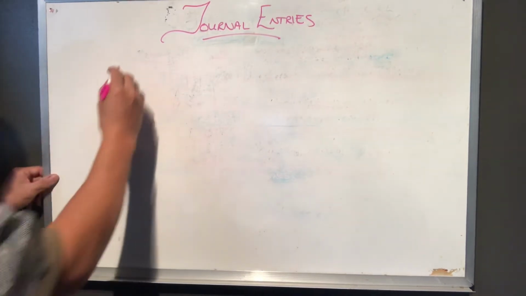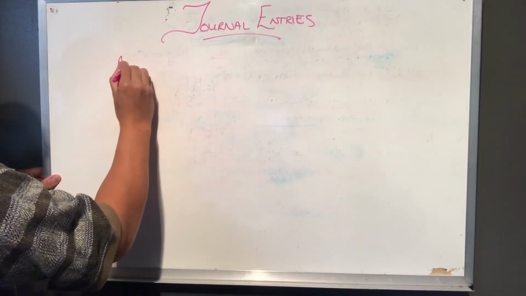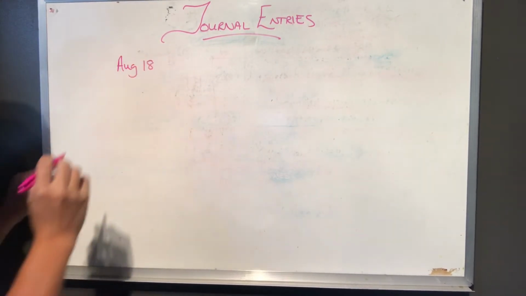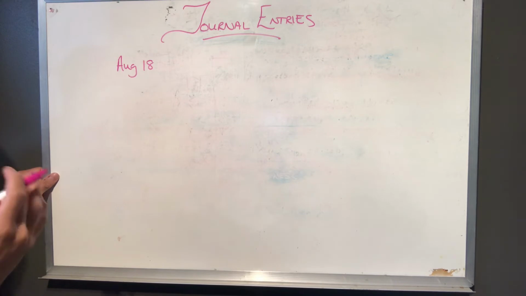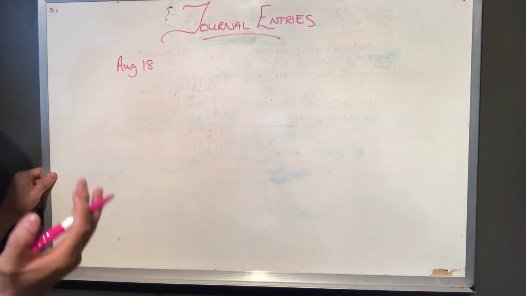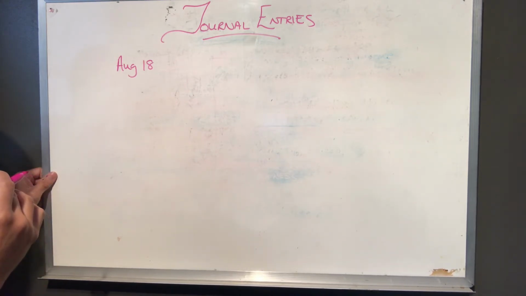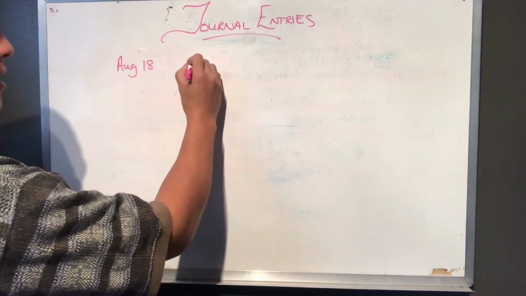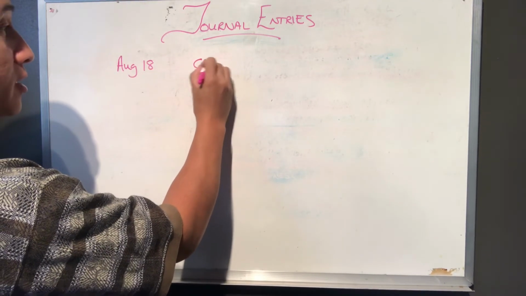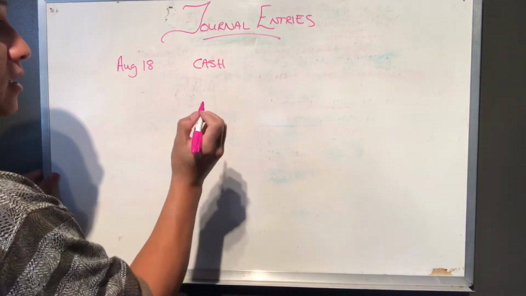Okay, let's continue on, and let's say that on August 18, for her business, she received cash in advance for future services that will be rendered. So it would be debit cash, in this case, increases.